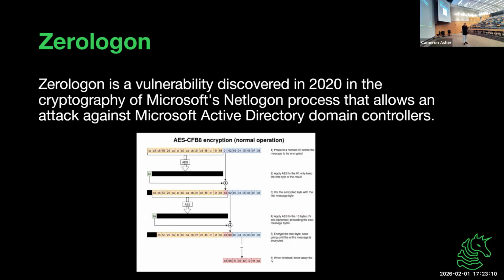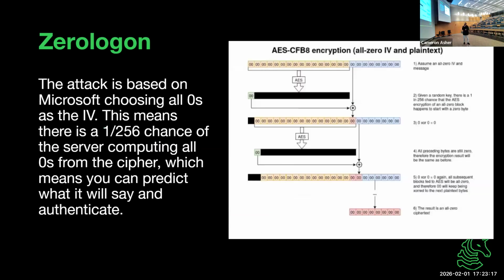If you have the key, you can calculate this, and then if you send this to the server, it will authenticate you. But what Microsoft did is that they just chose the IV to be all zeros. So the server lets you control the message after the IV.